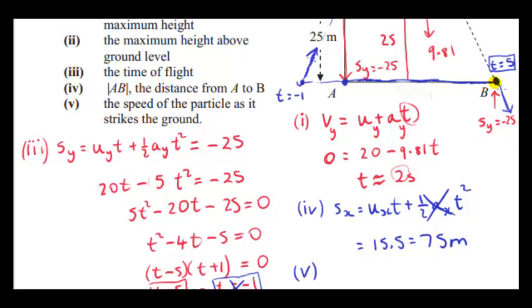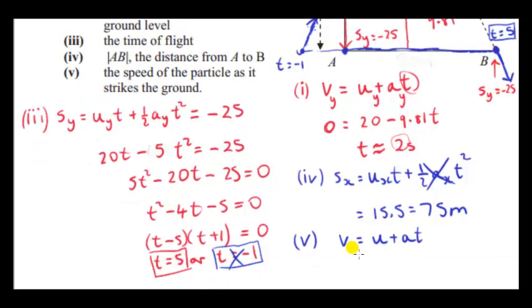Finally, we want the speed of the particle just before it strikes the ground. Well, in each direction, the y direction or the x direction, we're dealing with linear motion with constant or uniform acceleration. So let's look at the y direction to get the y component of the velocity immediately before the particle strikes the ground. Well, the time is 5, so we plug 5 in for t.